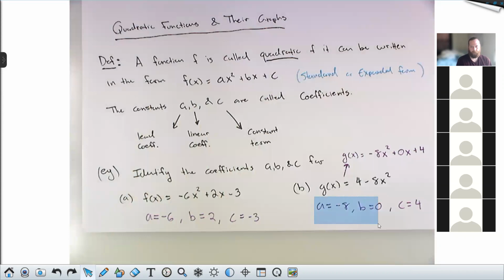That's exactly what we're saying when we say a, b, and c are these numbers, that we could also have written this function in this way. Any questions or curiosities about finding the coefficients a, b, and c?